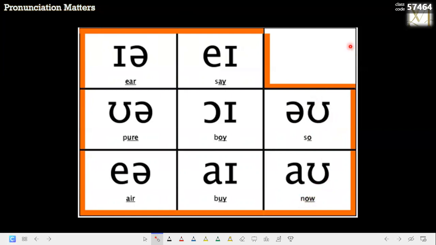So there are 8 diphthongs in English, and they are sharing the final vowel. In the first column, we have the schwa, the second one is /ɪ/, and the final two diphthongs share /ʊ/.